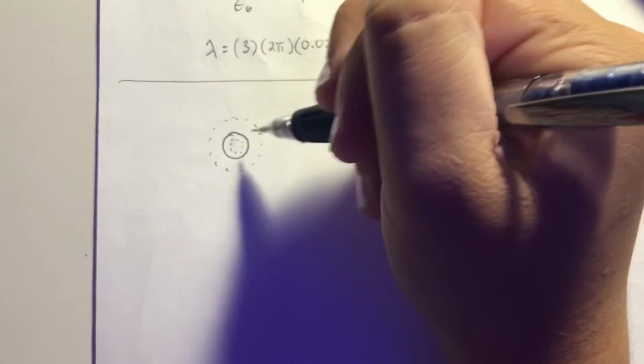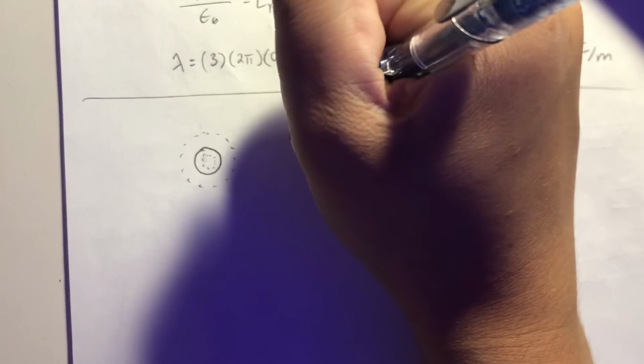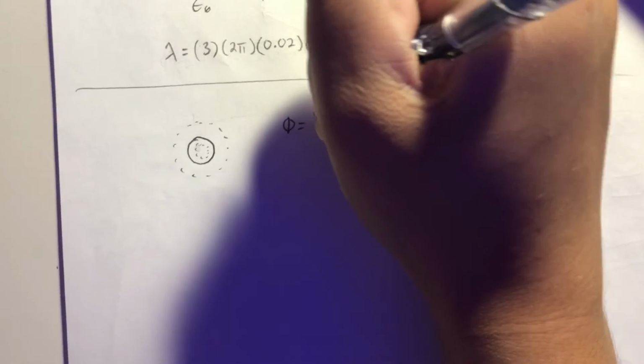So if this is our sphere here, we're going to create our Gaussian surface either inside, if r is smaller than this big R, or outside, if we're looking at a radius that's bigger than the radius of this sphere. For any Gaussian surface, our flux is equal to Q enclosed over epsilon naught.